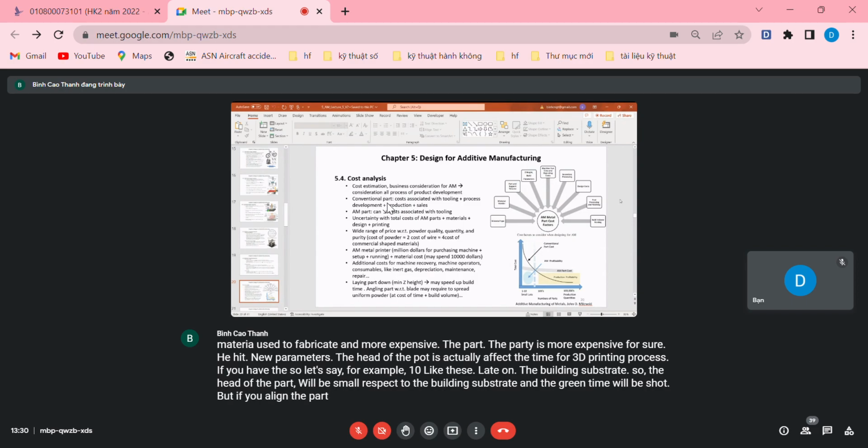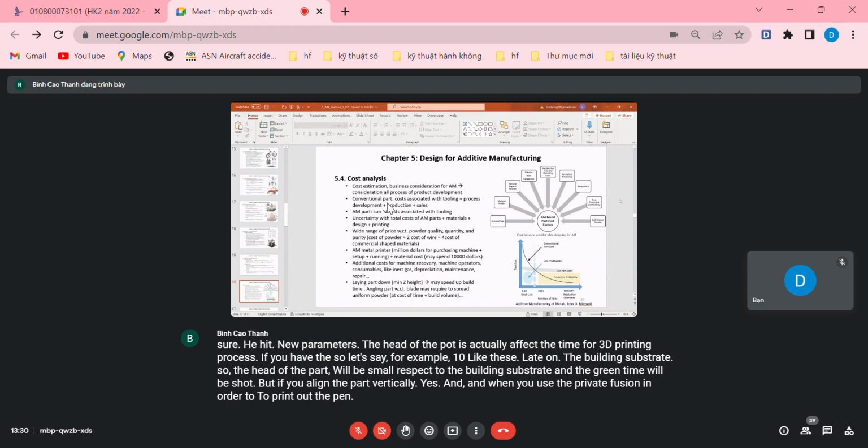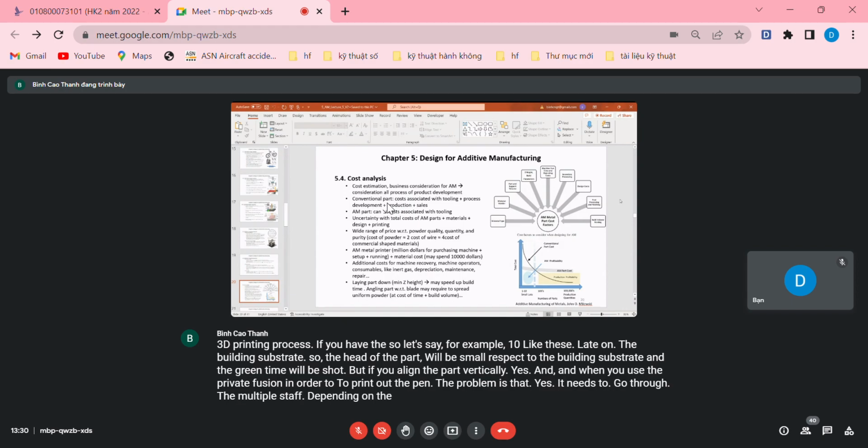But if you align the part vertically, and you use powder bed fusion in order to print out the pen, the problem is that it needs to go through multiple steps depending on the number of layers after the slicing process.